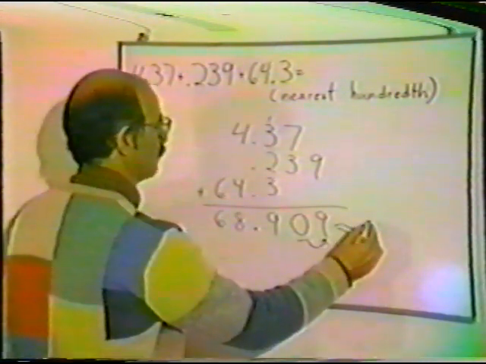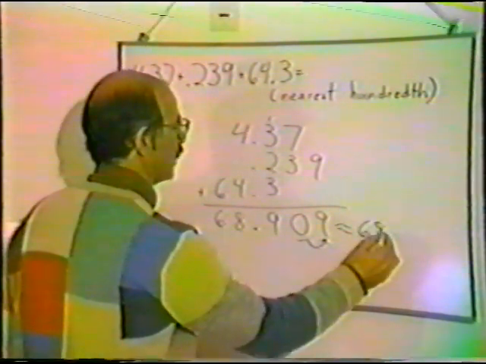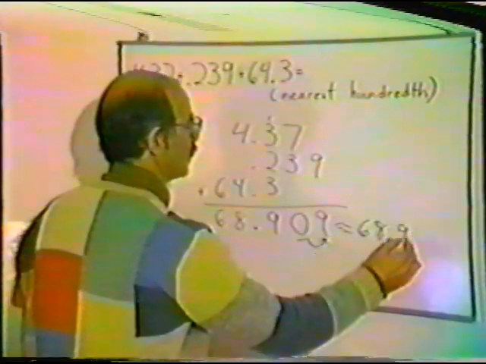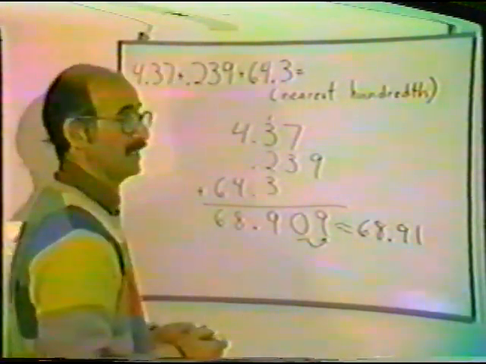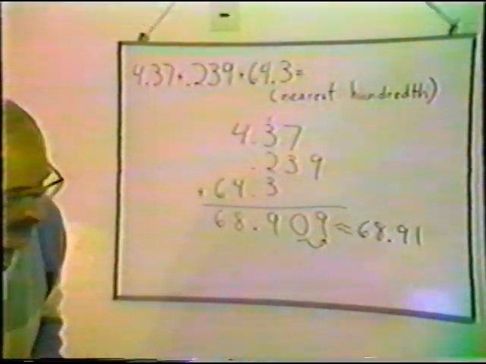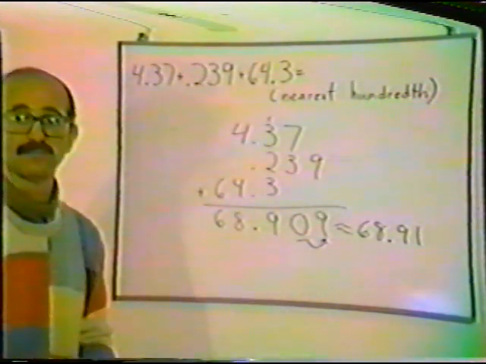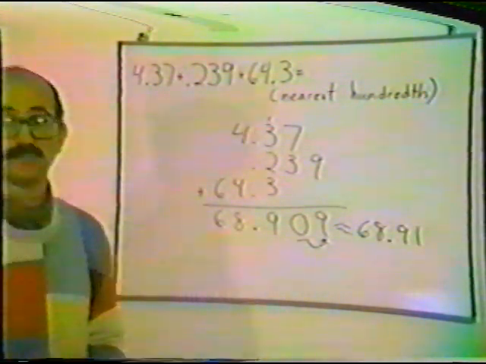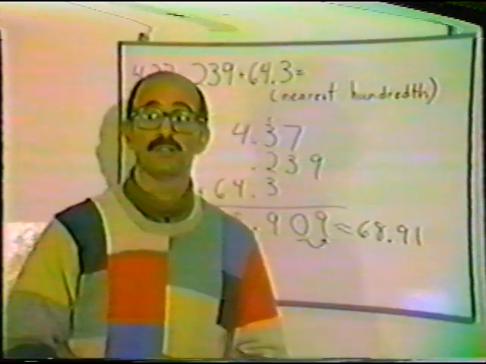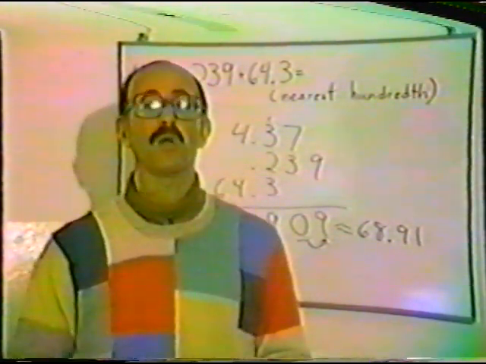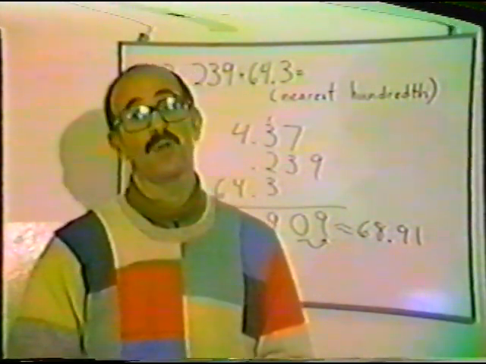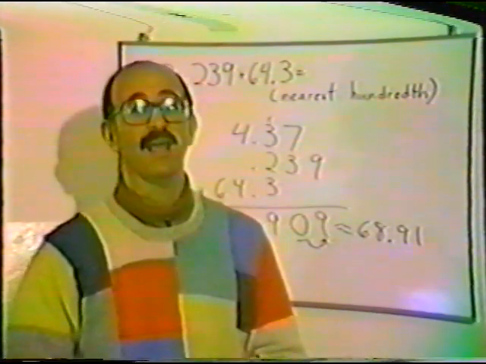So I'm going to write 68.91. Please read me the answer. 68 and 91 hundredths. So we did the work in the normal way, and we just rounded off the answer.